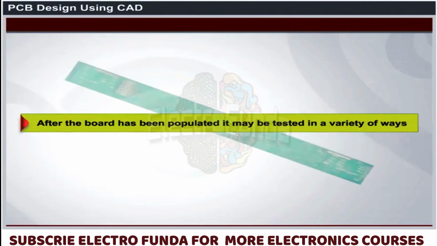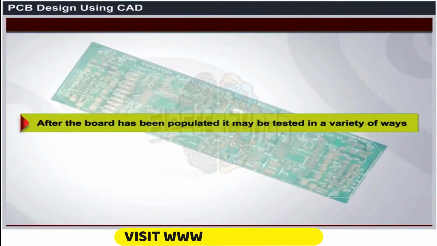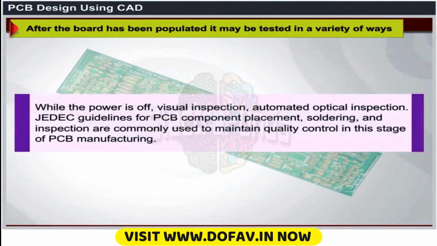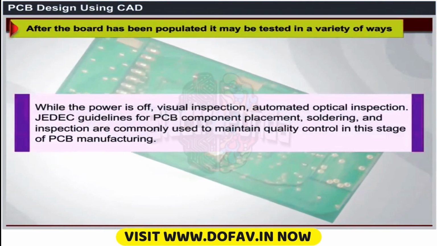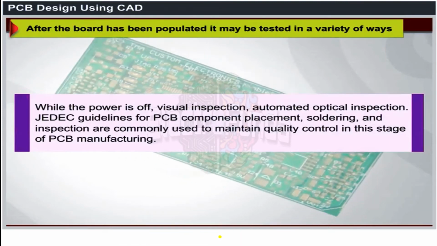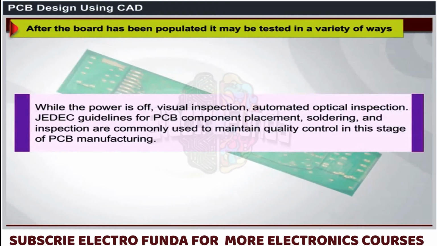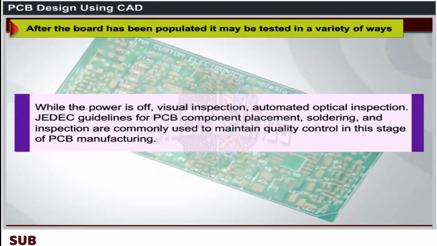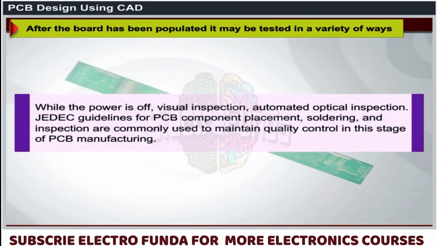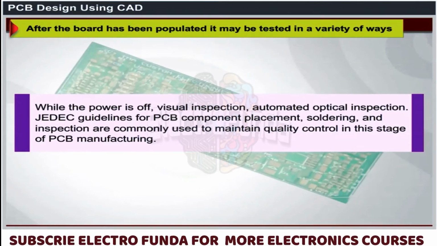After the board has been populated, it may be tested in a variety of ways. While the power is off: visual inspection, automated optical inspection, JEDEC guidelines for PCB component placement, soldering and inspection are commonly used to maintain quality control in this stage of PCB manufacturing.